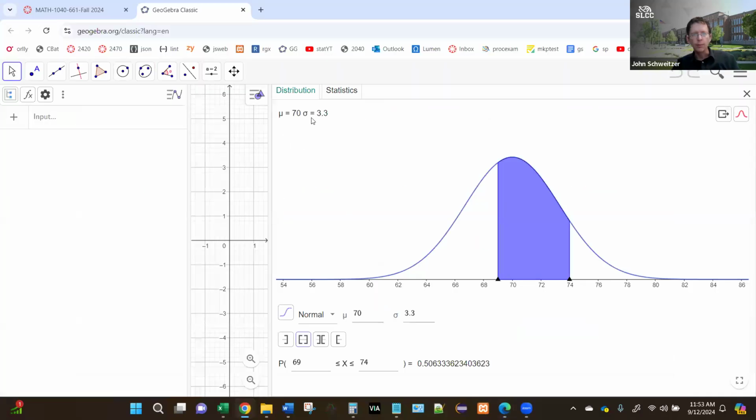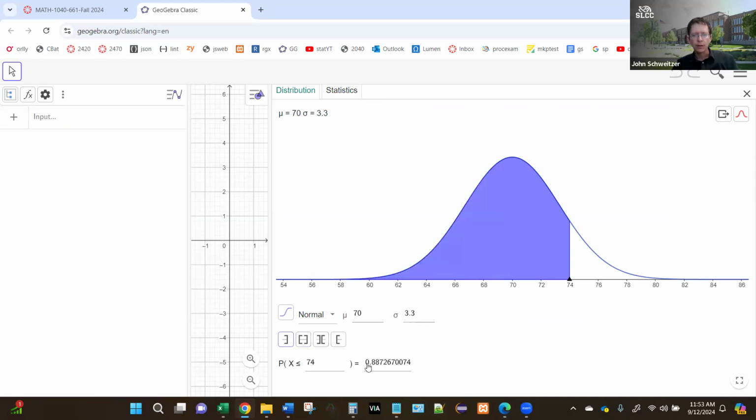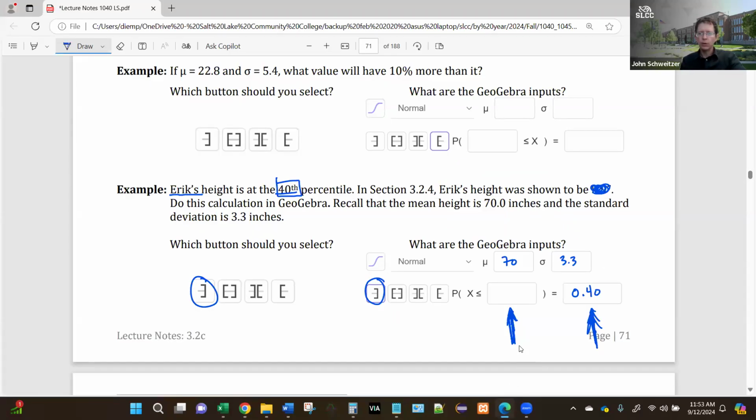Just watch. It's very easy. Okay, so same distribution, 70 and 3.3. So I'm going to go less than because it's the 40th percentile. We put in 0.4, and there we go. There's his height, 69.2 inches. Now, whenever somebody asks me my height, I always say, to the nearest whole inch, typically, right?